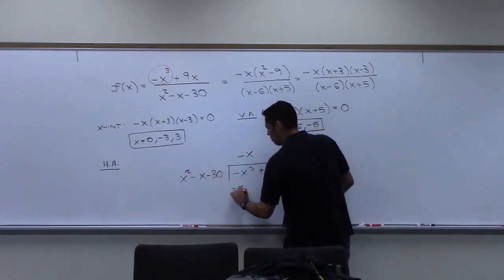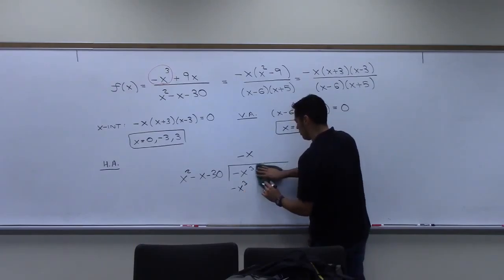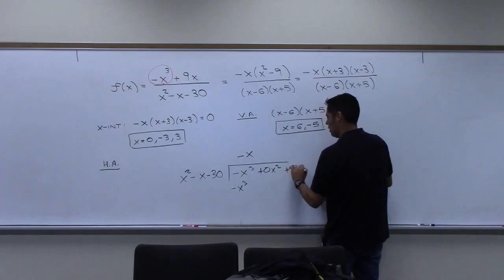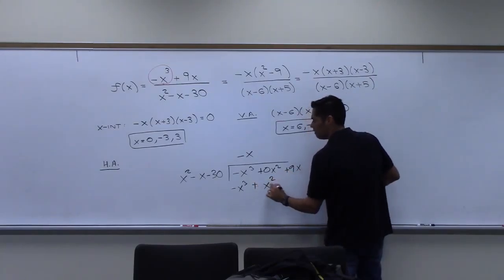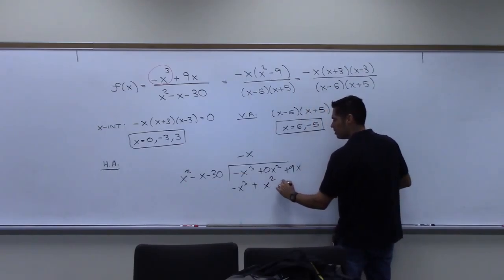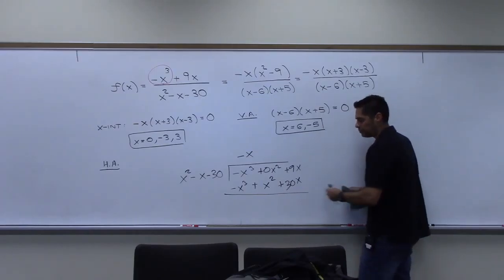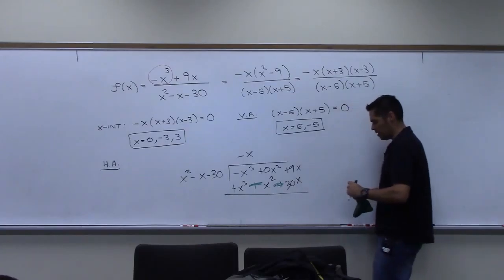You got negative x cubed plus x squared. Oops, I didn't leave an x squared here. I shouldn't have done that. Plus 9x. So positive x squared, right? And then plus 30x. And then come through and change it, right?